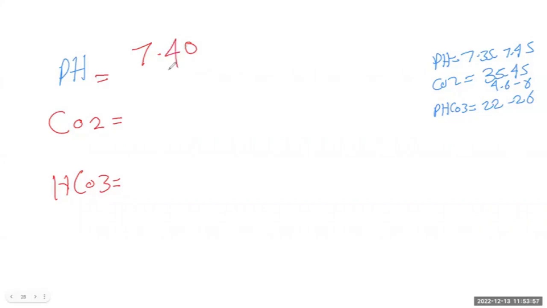So what is this? Normal. Okay. Carbon dioxide 50 and bicarb 28. What is this?